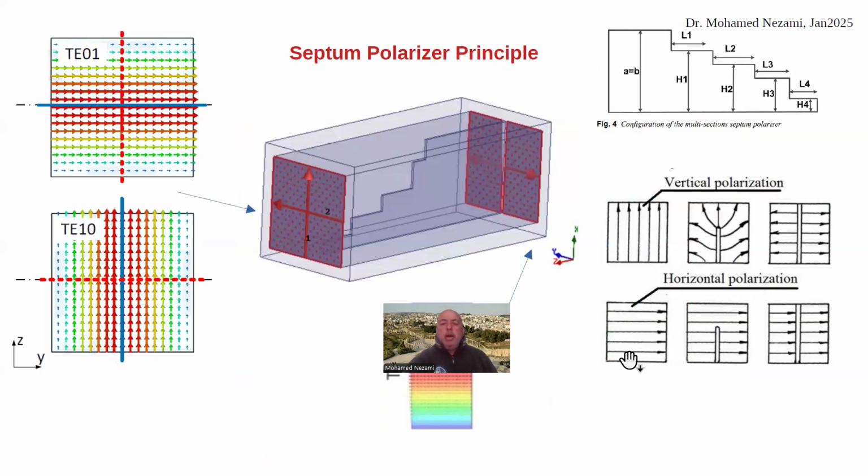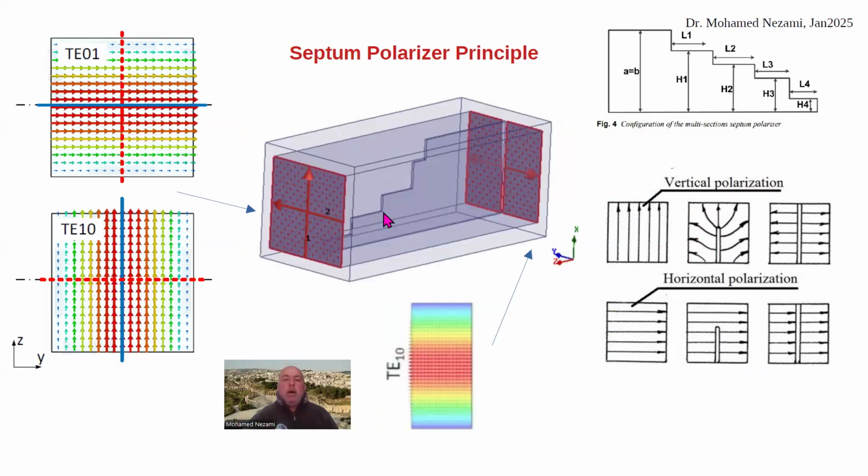And how do we do that? The mechanism is very simple, and I cover this in a separate video. You can go to my YouTube channel and look at the video on septum polarizer design.